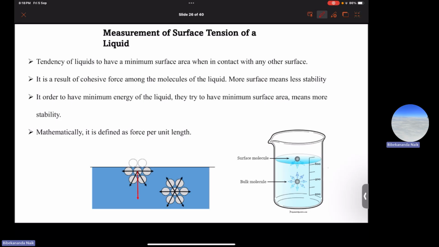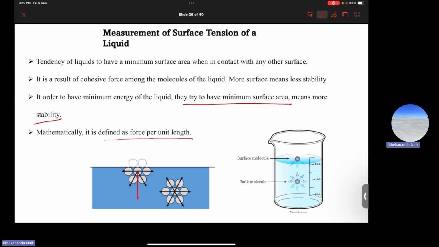It is the result of the cohesive force among the molecules of the liquid, because if there is more surface area, then more particles will be along the surface, so there will be less stability. That's why they tend to attain minimum surface area. So in order to have minimum energy, the liquid tries to have minimum surface area, meaning more stability.